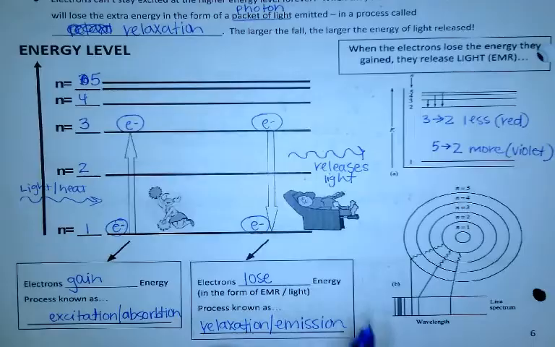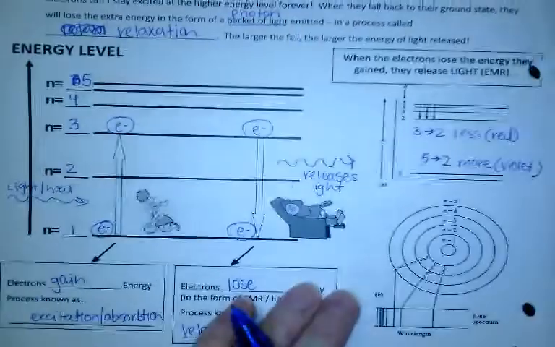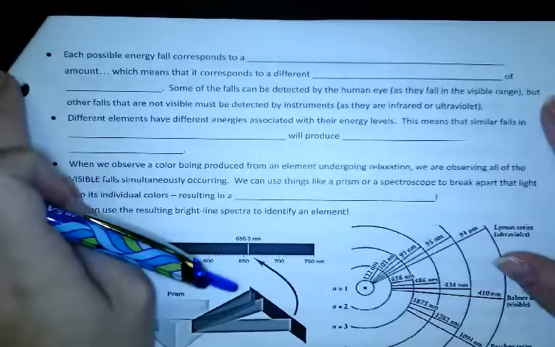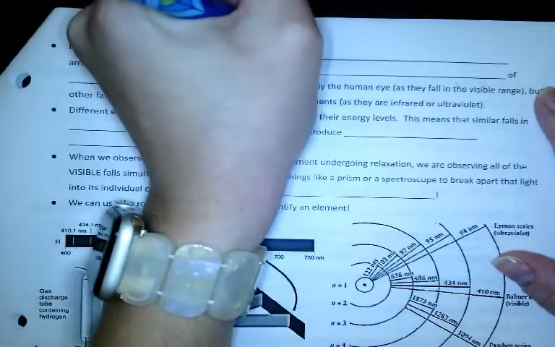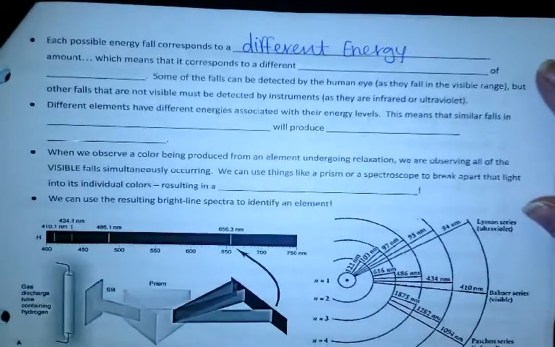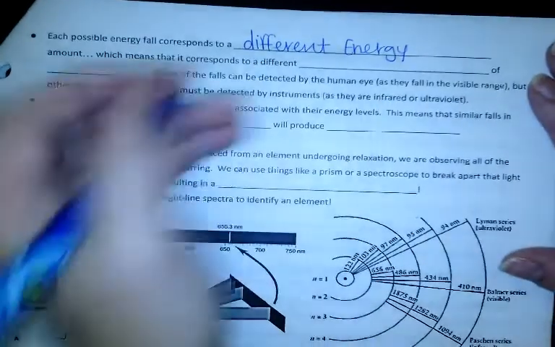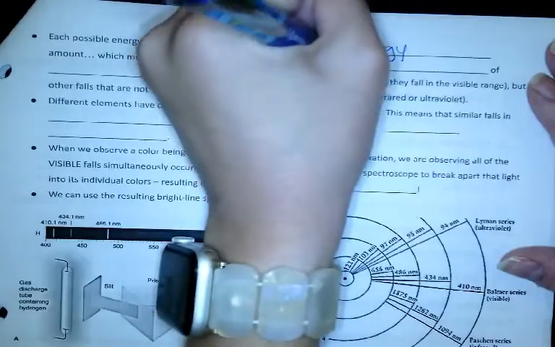Okay? So, each possible energy fall corresponds to a different energy. Okay? So remember, different energy amount, which means that corresponds to a different wavelength. So remember, each wavelength has a different energy.